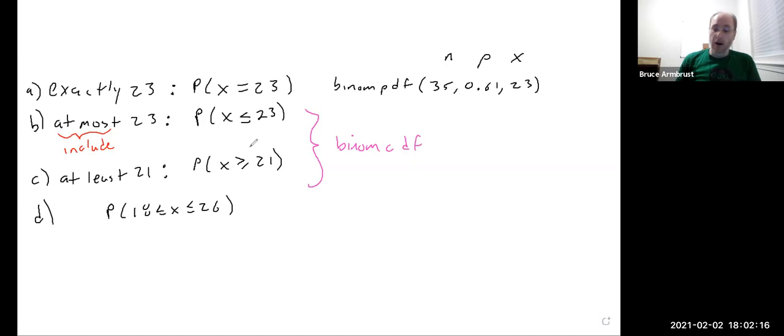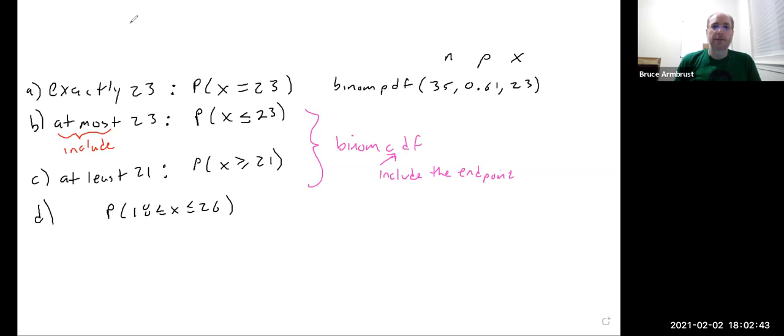But for all of them, CDFs always include the endpoint. So if it's just a less than or just a greater than, you need to make sure you take away the binomial PDF for that number.